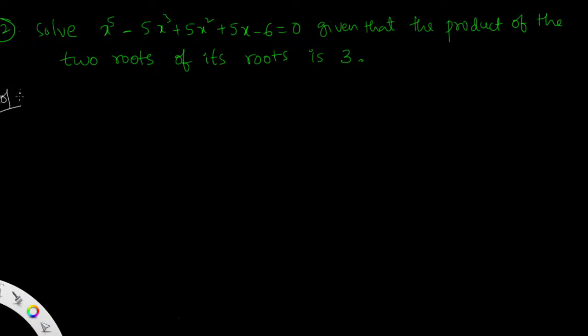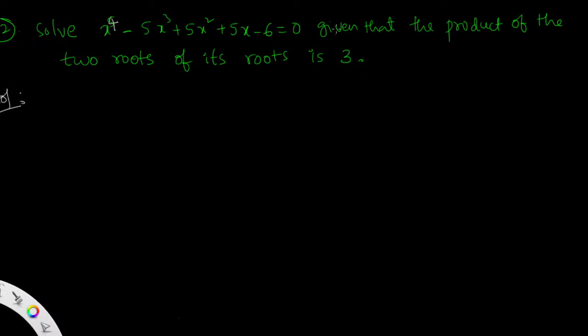Solution. Given that the product of two of its roots is 3, out of a fourth degree equation, x to the power of 4 minus 5x cube plus 5x square plus 5x minus 6 equal to 0.